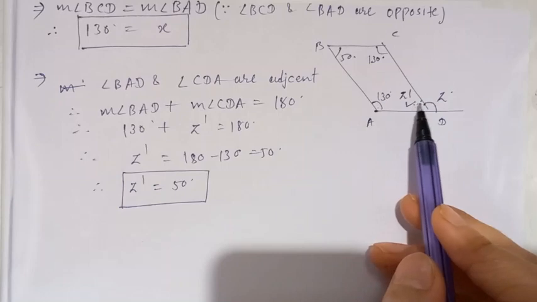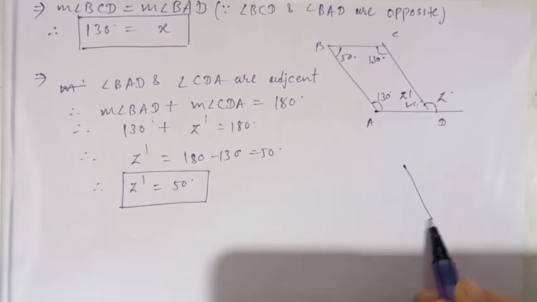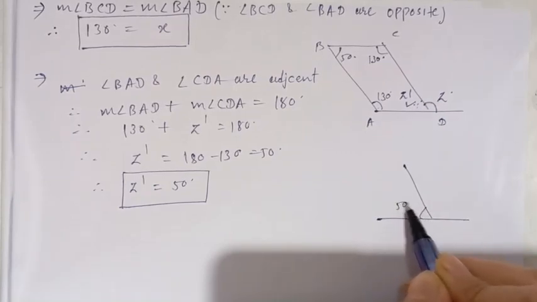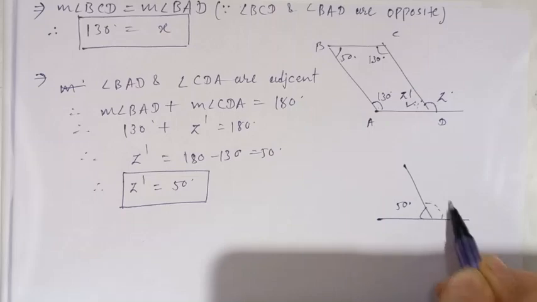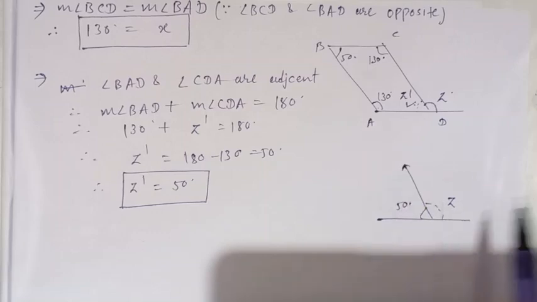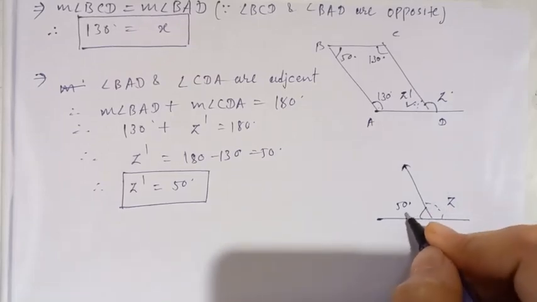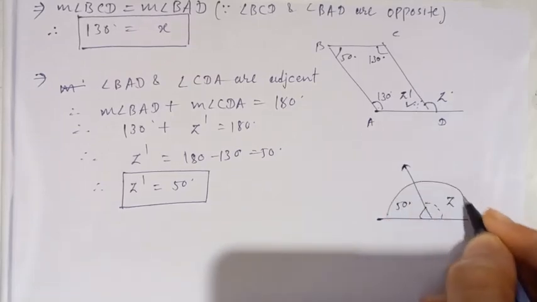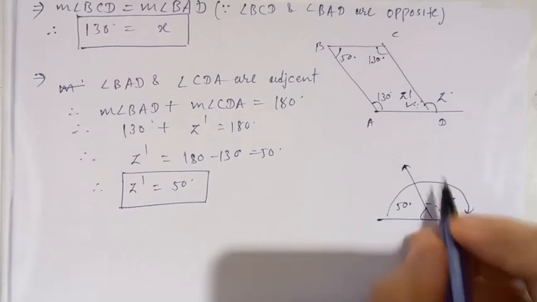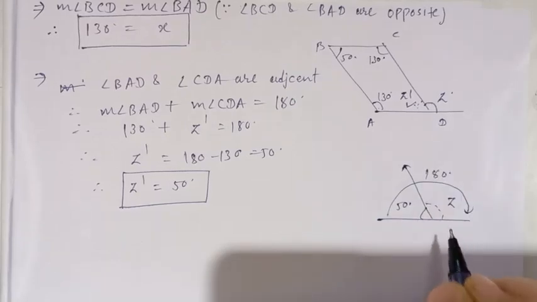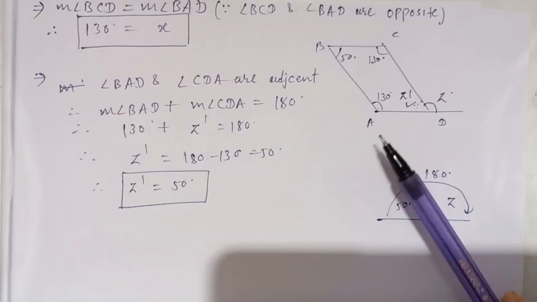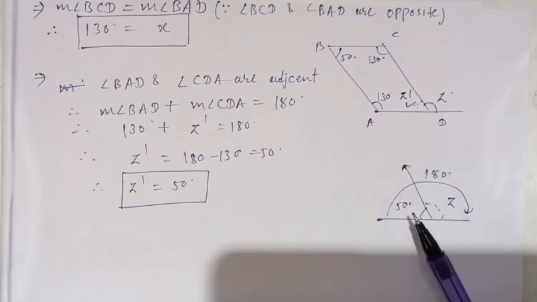Okay, so now we have this interior angle. This interior angle is 50 degree, and we have to find this Z. In earlier videos we have seen how to find this type of angle measure. See, this whole is 180 degree. We have this part of 50 degree.